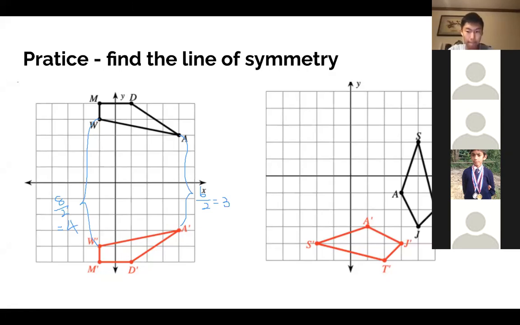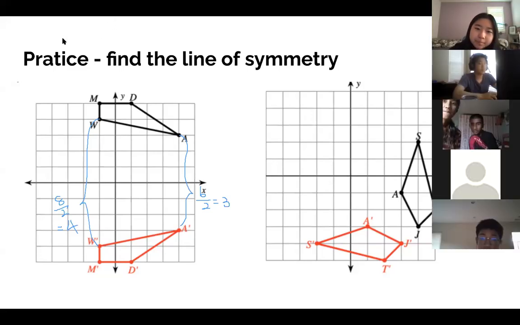So you guys can find the equation of the line. That's what Alex said. But you guys did the first step, right?